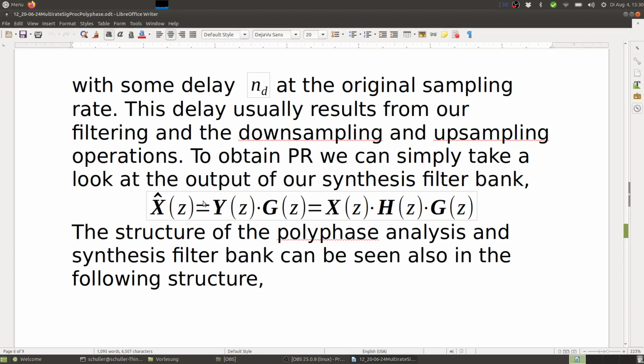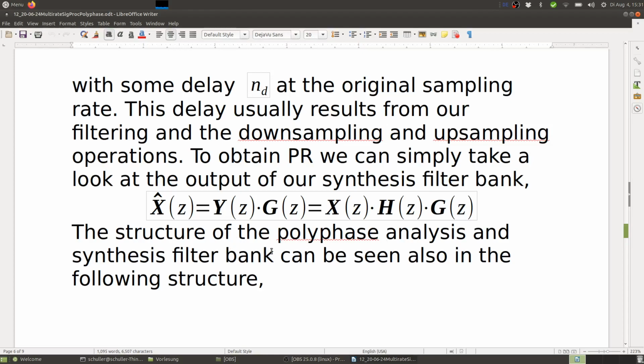And y again is the result from the analysis filter bank, which is x, the audio signal, times the polyphase matrix for the analysis filter bank. So I just plugged it in here for the y and we get this equation, and you can see we get x hat equals x times h times g. So that means we get perfect reconstruction if h times g is simply a delay in the z-domain representation.